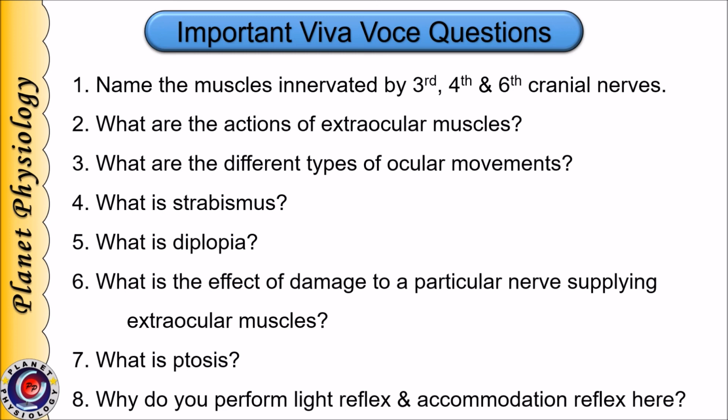Based on the knowledge of actions of extraocular muscles, the student is also expected to know the effect of damage to the particular nerve supplying the extraocular muscle. You should also know about ptosis and the importance of performing the light reflex and accommodation reflex during examination of the 3rd, 4th and 6th cranial nerves.